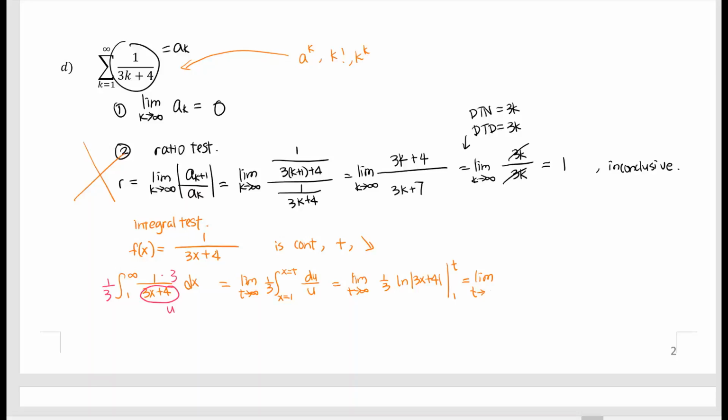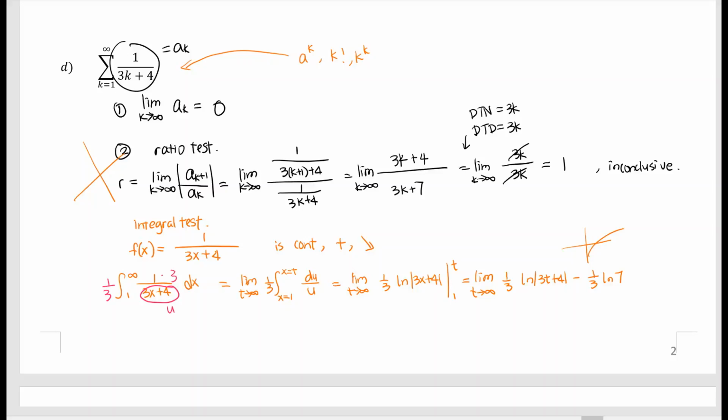T goes to infinity. 1/3 ln of 3t plus 4 minus 1/3 ln, when you plug in x is 1, then you get 3 plus 4 is 7. So when t goes to infinity, natural log goes to infinity.